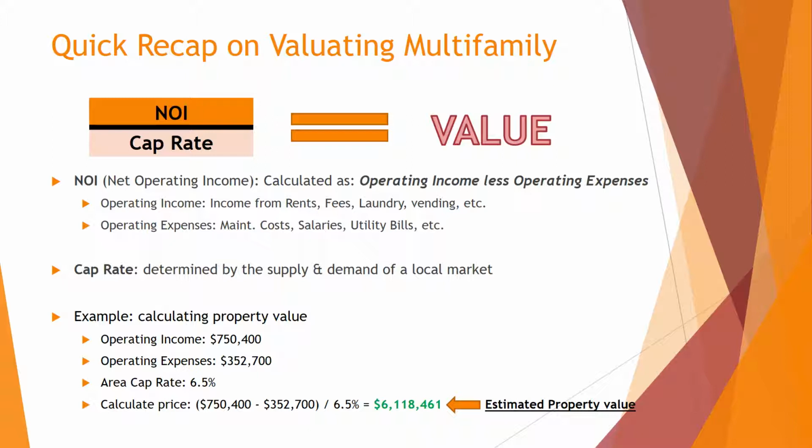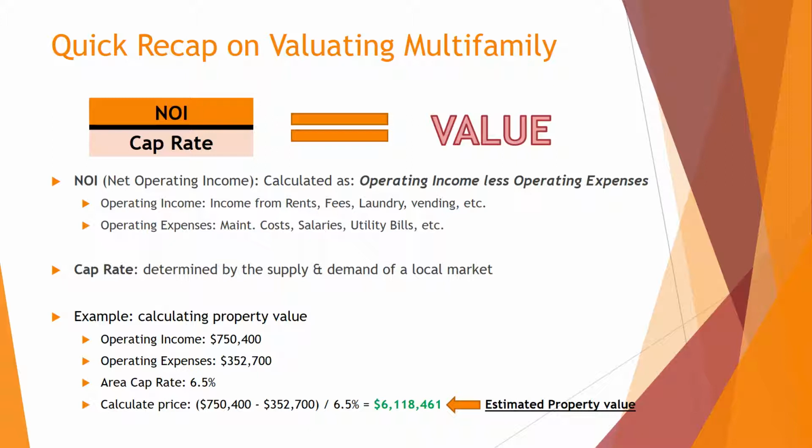The cap rate is a percent that represents a local submarket's supply and demand for properties in the class that you're buying at. So a quick sample would be if my operating income is $750,000 and some change, and my operating expenses are $352,000 and some change, and we know that the area cap rate is 6.5%.